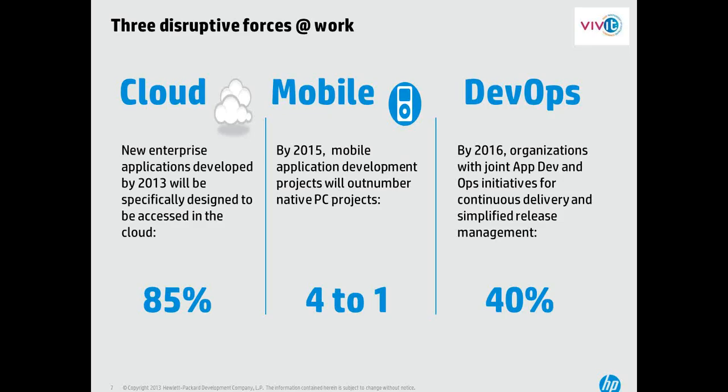Thank you, Doug, and welcome everyone to this session today about application performance management for mobile. Let me just start by talking about the three big disruptive forces at work that we see today in enterprises. The first one is cloud, the second one is mobile, and the third one is DevOps.